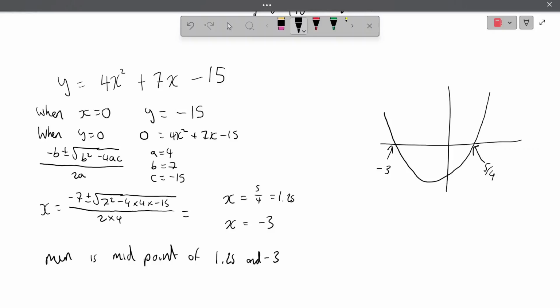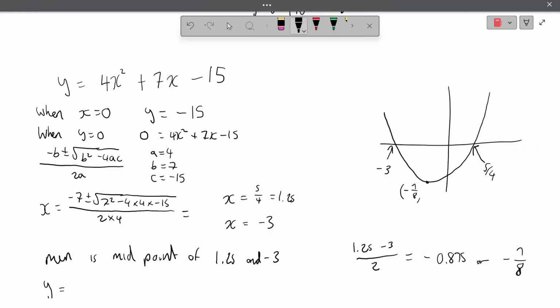So we go 1.25 minus 3 over 2. Well, what's that equal? You get minus 0.875 or minus 7 over 8. So we now know that this point here at the minimum is, you typically do minus 7/8 as a fraction.